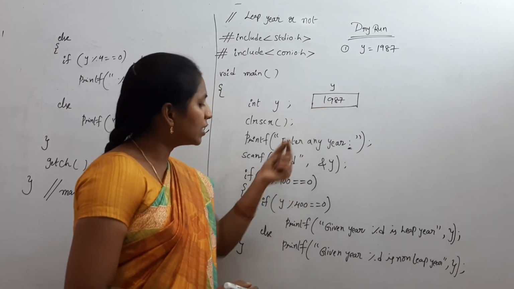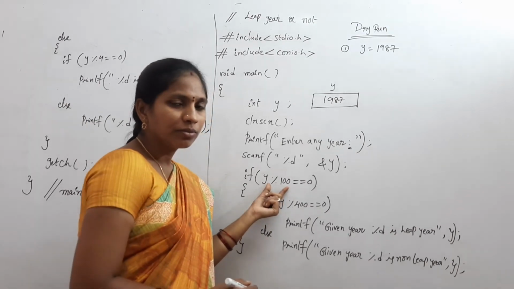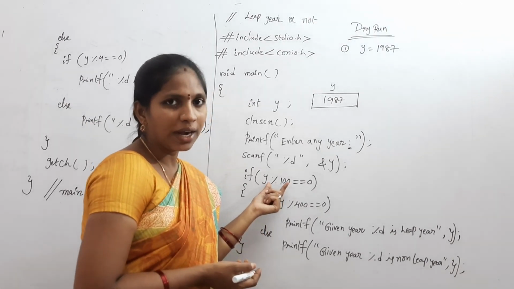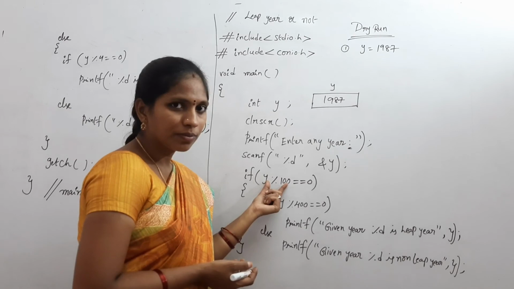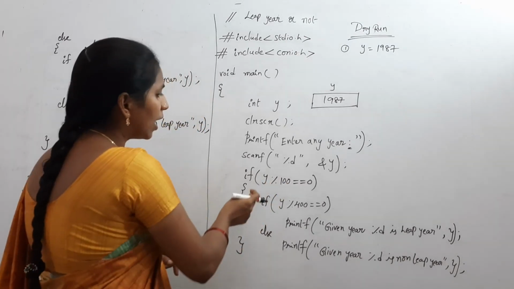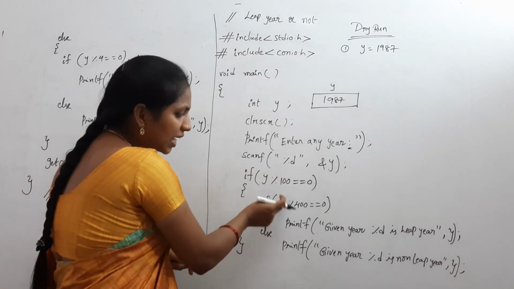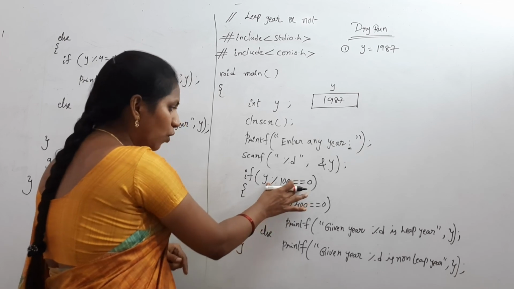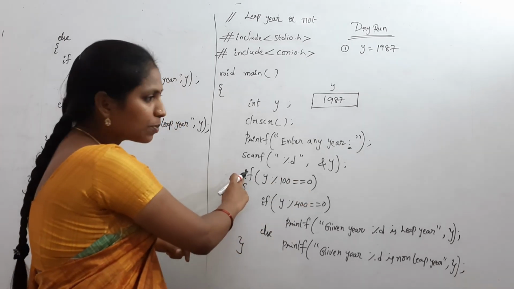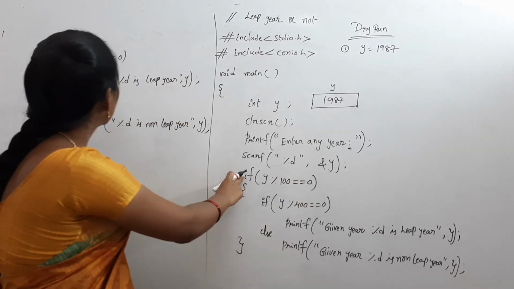See, the given year is 1987. That is not a multiple of 100, so this is false. Then control does not go to this condition, it goes to the else part of this block.